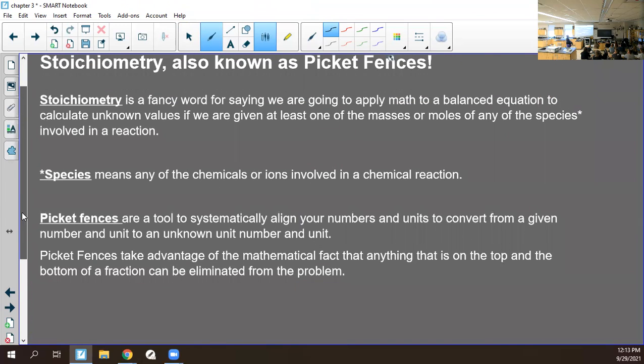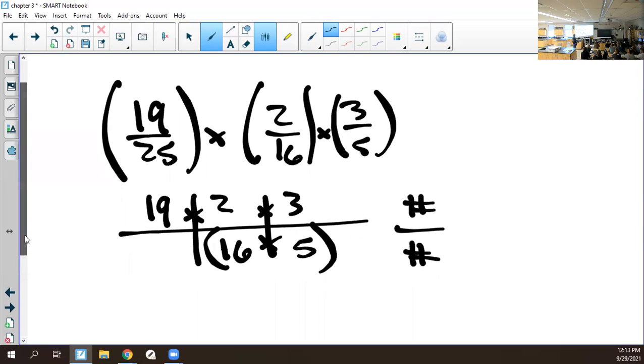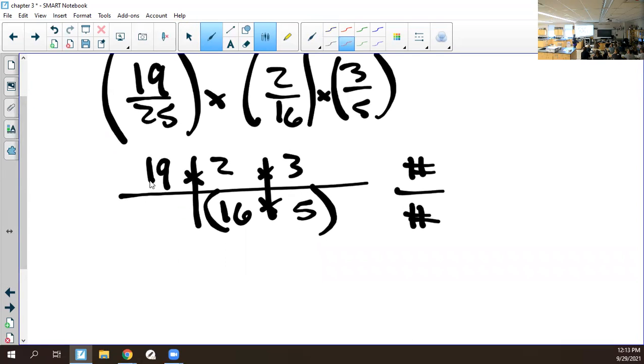Picket fences take advantage of the fact that anything that is on top and the bottom of a fraction can be eliminated from the number. But what we mean here is if I have the unit of grams and I divide it by grams, I no longer have to worry about the unit of grams. They cancel each other out.